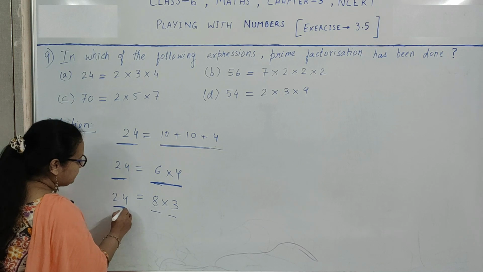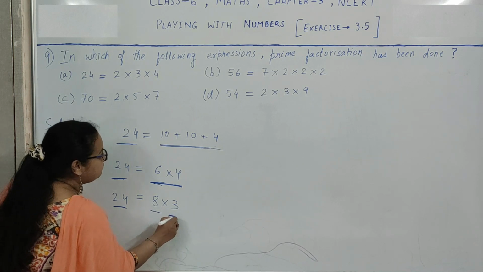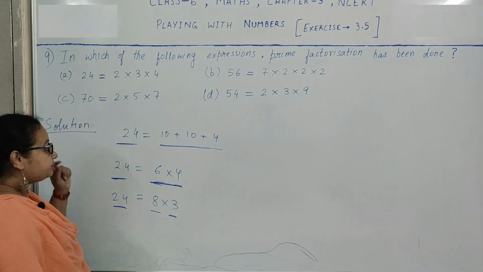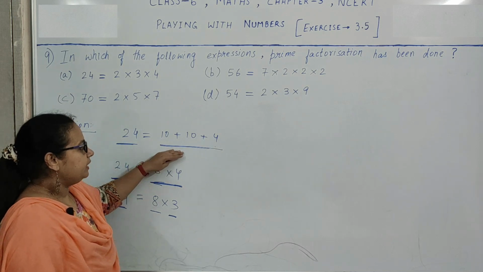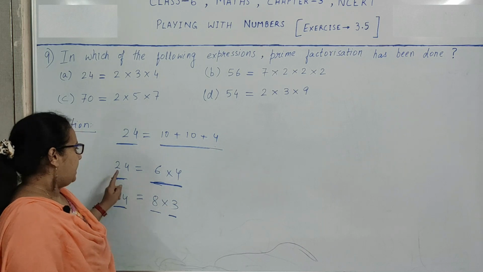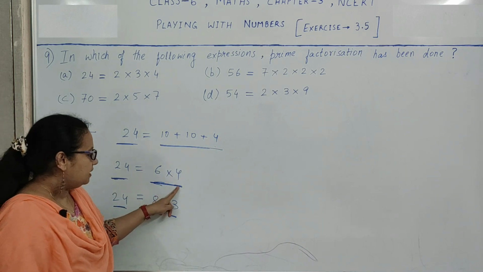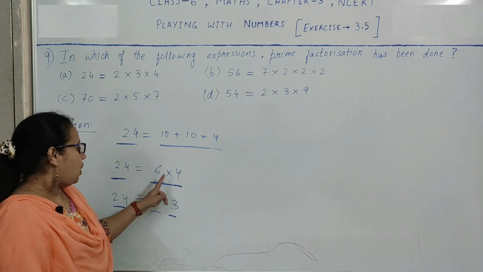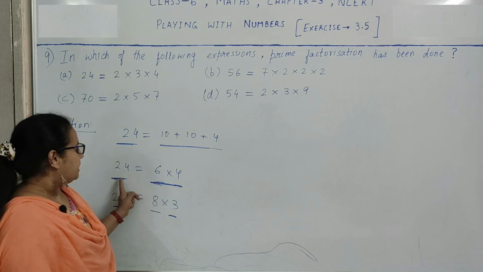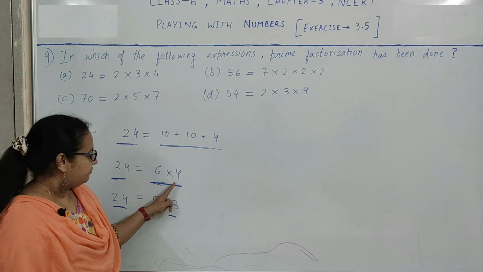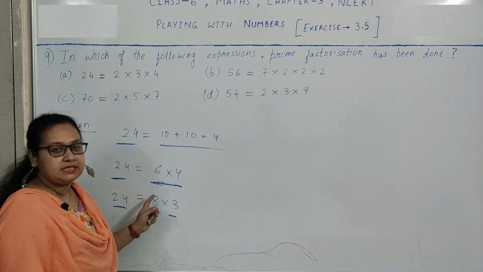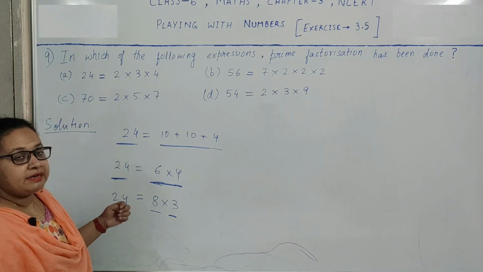Here also 24 is expressed as a product of its factors, right? And here 24 is expressed as a sum of 3 numbers, right? And here 24 is written as a product of its factors, because 6 and 4 are its factors. We already know what factors are.